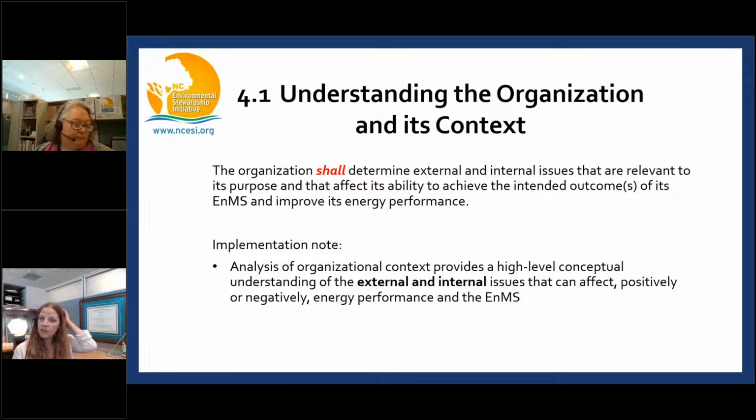As Angela noted, the energy management system, or the ENMS, and by the way, if you ever hear me say EMS, it's because I'm really used to talking about ISO 14001 standards, so I mean ENMS. It is a framework for establishing an energy policy, for setting objectives and energy targets, and to develop and implement action plans and the process needed to achieve the objectives and the energy targets.